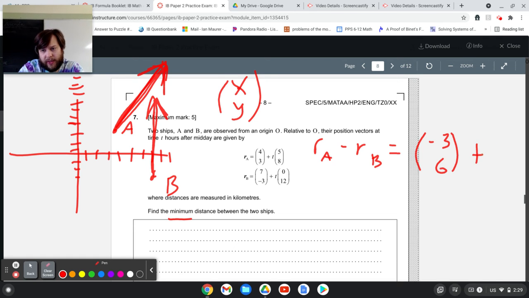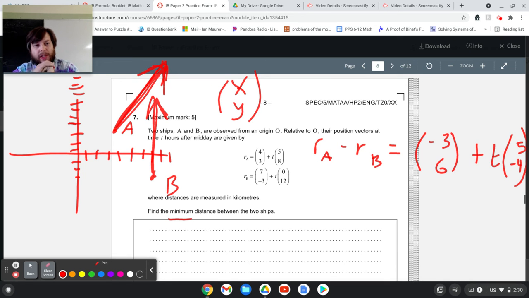Then I have plus t, 5 minus 0, 8 minus 12. What this is saying is that the two ships start out with a difference of 3 in the x coordinates and 6 in the y coordinates. Boat A is 3 steps to the left of boat B and 6 steps above it. And the distance between them is changing at a rate of moving 5 steps over, and their distance in the y values is decreasing by 4.